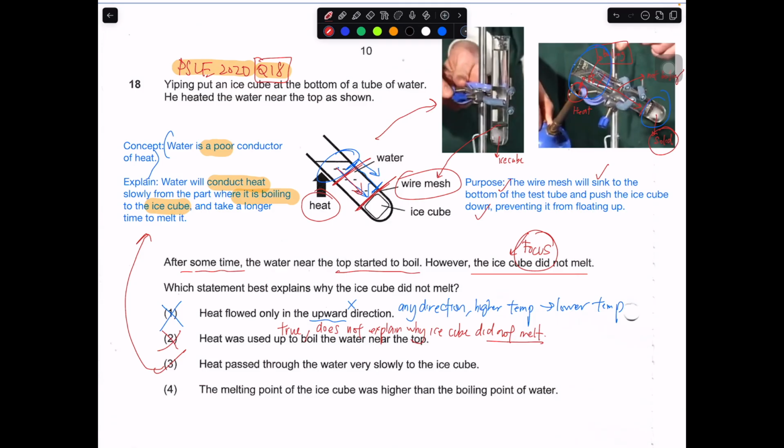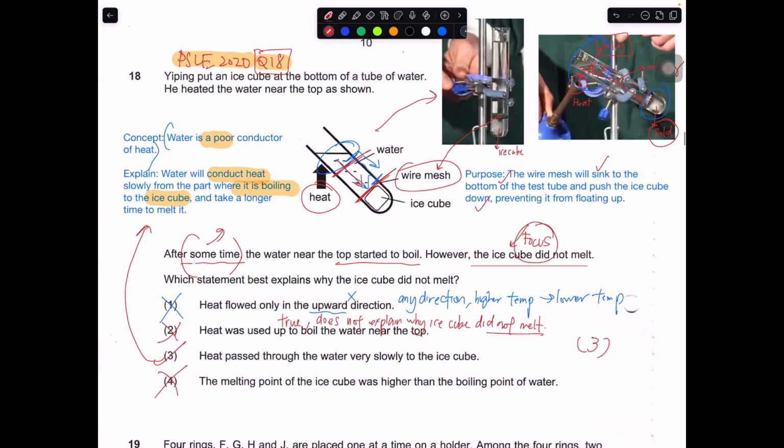But if you give it long enough, maybe one day, definitely the ice cube would have melted, because if you give it enough time, the heat will naturally be conducted to the ice cube to cause it to change its state, as the ice cube increases in temperature and reaches the melting point. Therefore, 3 is the best option to explain why the ice cube did not melt, because the heat is conducted very, very slowly. For the last part, definitely 4 cannot be the answer because 3 is the correct answer.